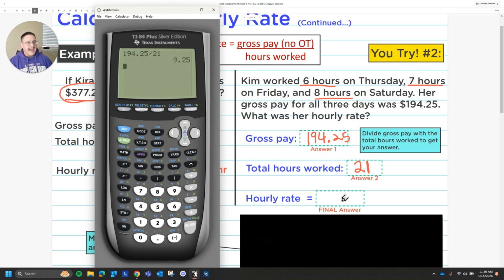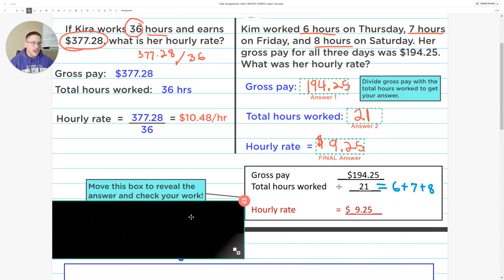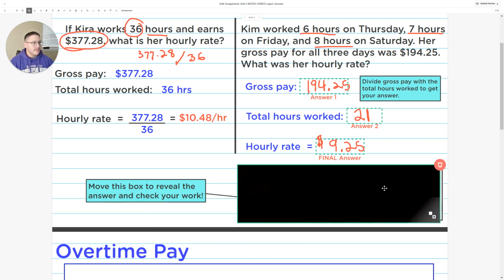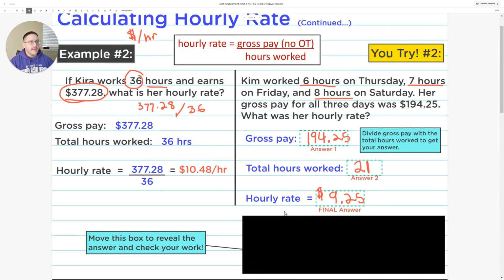We get $9.25 as the hourly rate. If we check our work, that's pretty much what we did. And that is the final answer. Kim's hourly wage is $9.25 per hour.